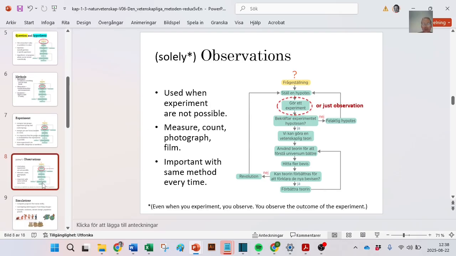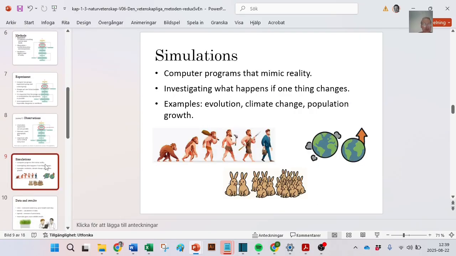And sometimes some things are impossible to experiment on, like, for example, the outer universe, but that is still subject to hypotheses and observations. So we have experiment, observation, and the third method is simulation with computer programs that mimic reality in some way.